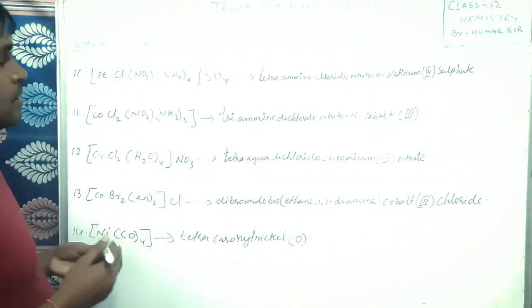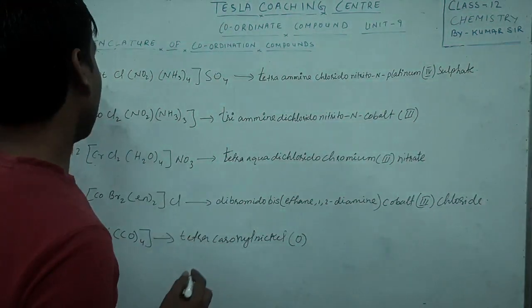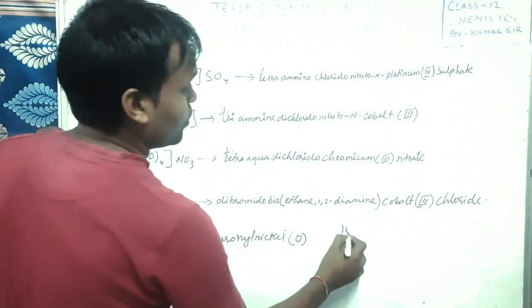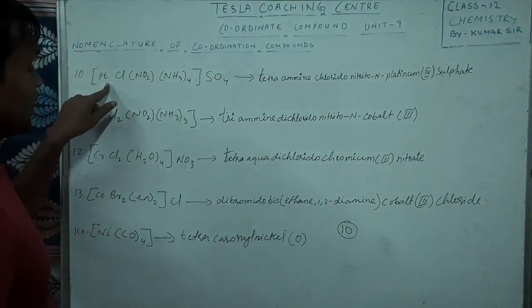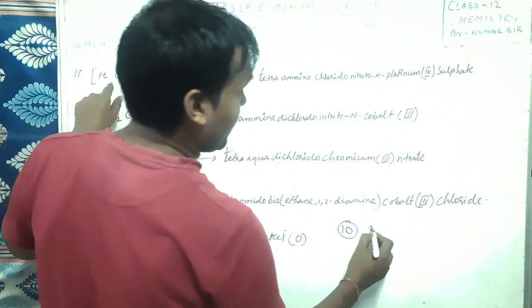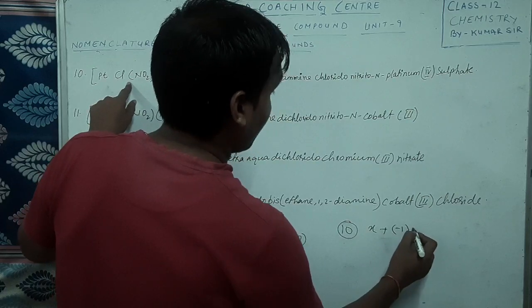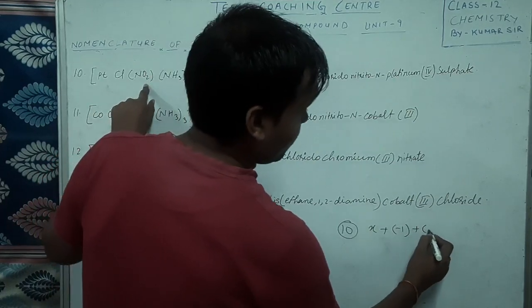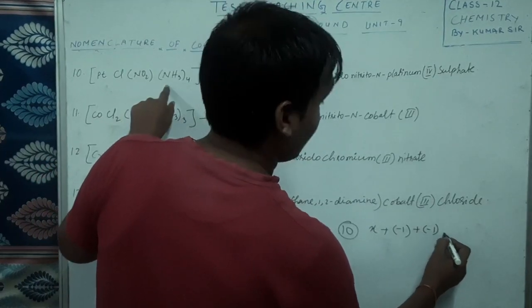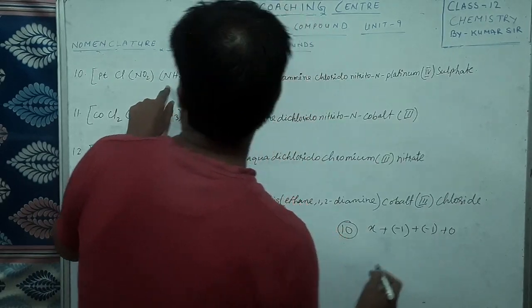So let's start the naming. First of all, let us calculate the oxidation number. So question number 10, oxidation number, let us calculate. Let's assume platinum is X, then chlorine is how much? Minus 1, and NO2 oxidation number is minus 1, ammonia it is 0.